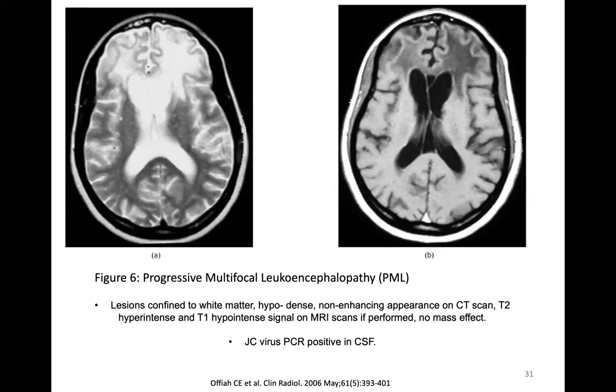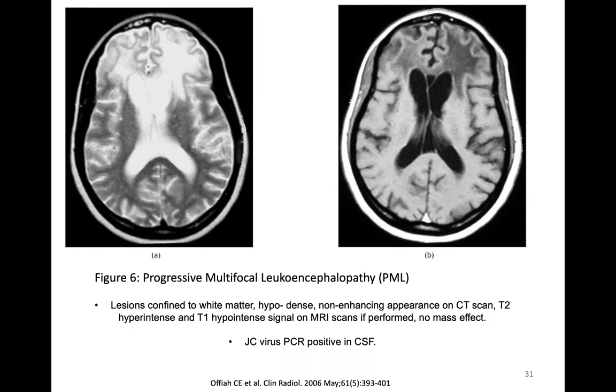Yes, Dr. Tebe, you may take us through this one. You remember I said when HIV encephalitis and PML, the two can always confuse you, but there are distinguishing features. With HIV encephalitis, usually the lesions are symmetrical, although they are bilateral.